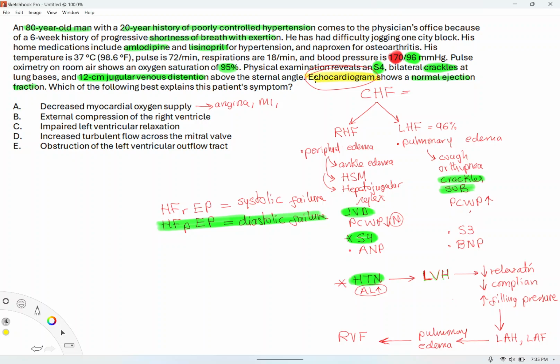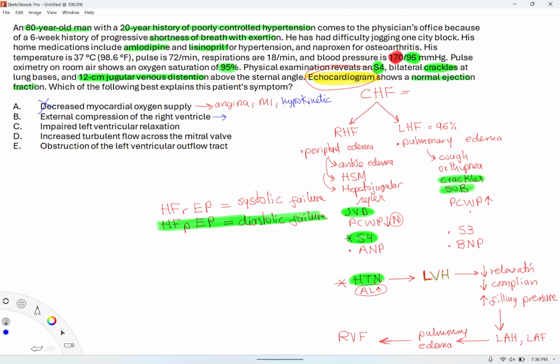So echocardiogram for myocardial ischemia will show hypokinetic myocardium, or you can say hypokinesia. It's not choice A, right? So let's go over B.